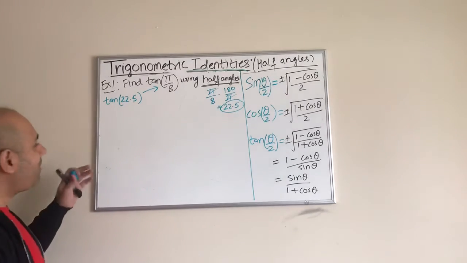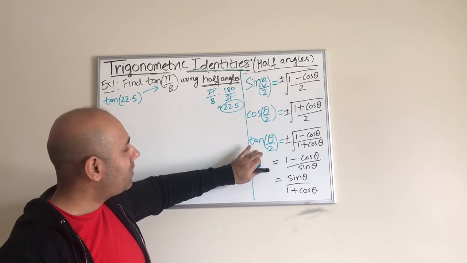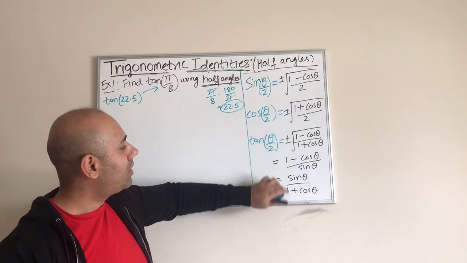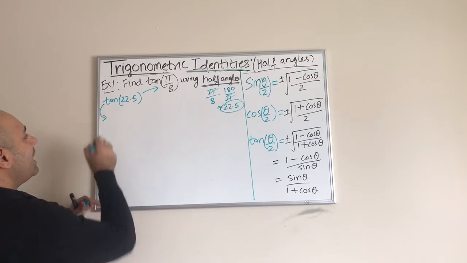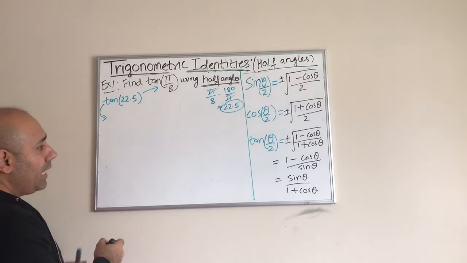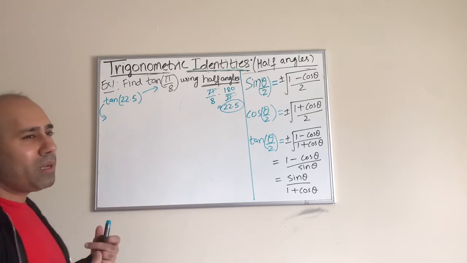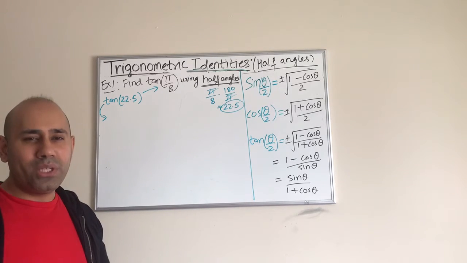So to use the half angle identity, we probably have to use this one, because we are working with the tangent, and then it depends on us whether we want to use this or this. But first of all, we want to rewrite this as a half angle. It's not too difficult. We usually want to use values that you can identify on the unit circle.